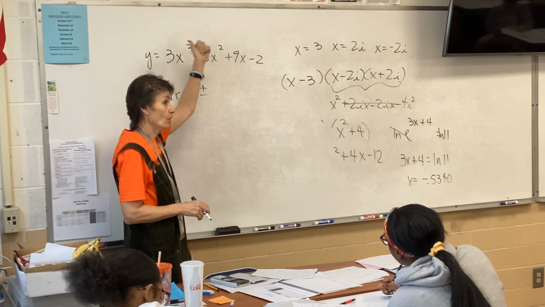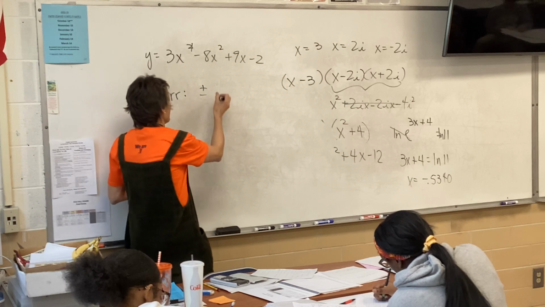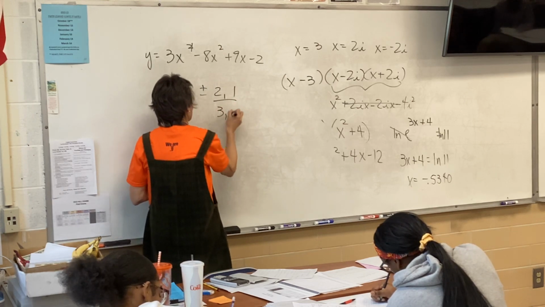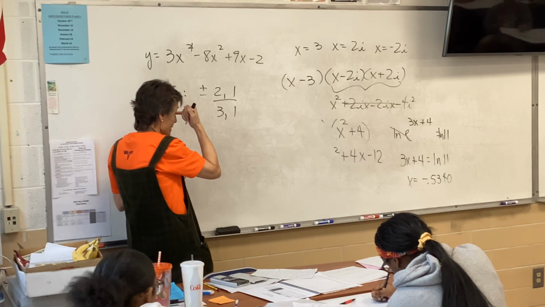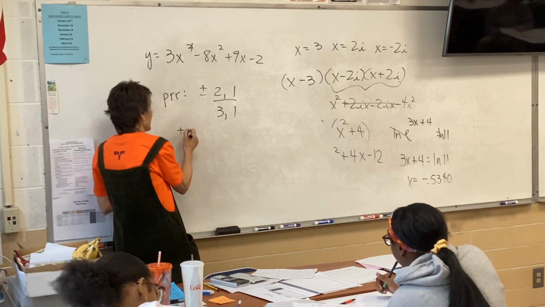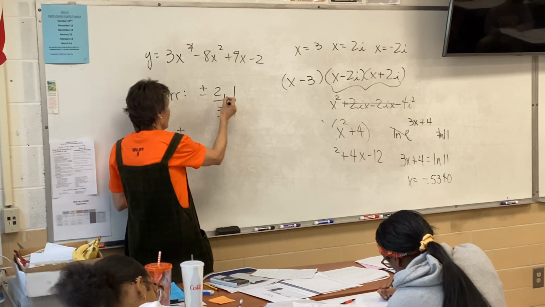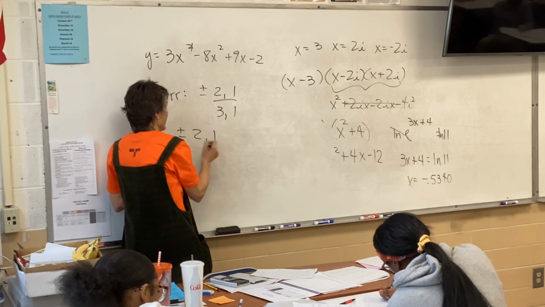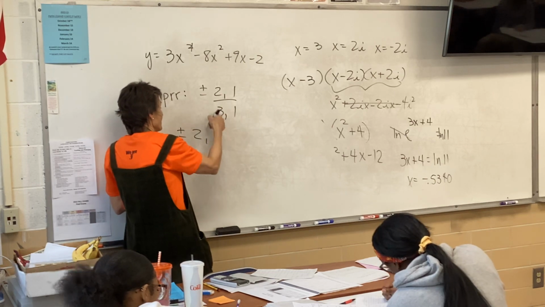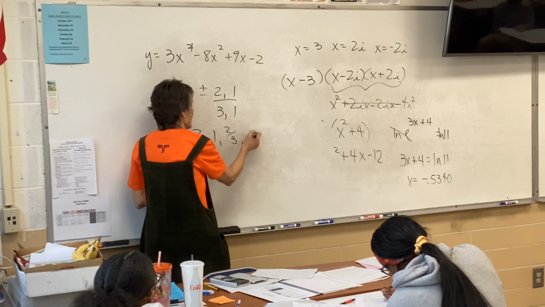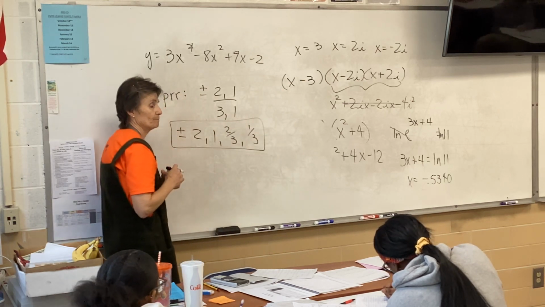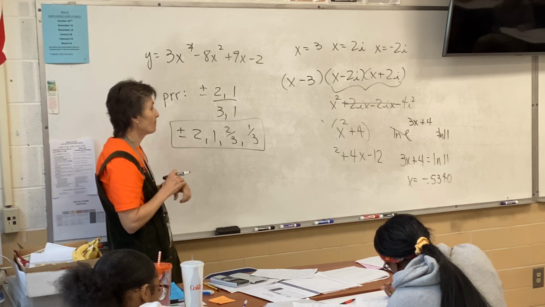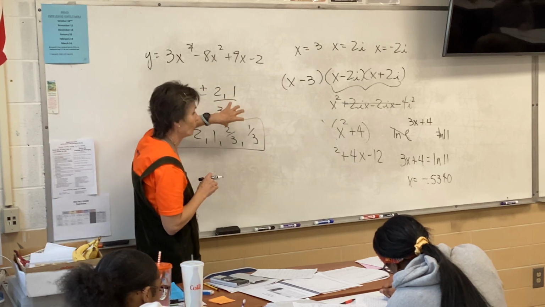Last over first. So plus or minus 2 and 1 over 3 and 1. Now I'm going to list those. So I need every possible combination. So 2 over 1 and 1 over 1, that's easy. And then 2 over 3 and 1 over 3. There's my list. Every combination of these over these.